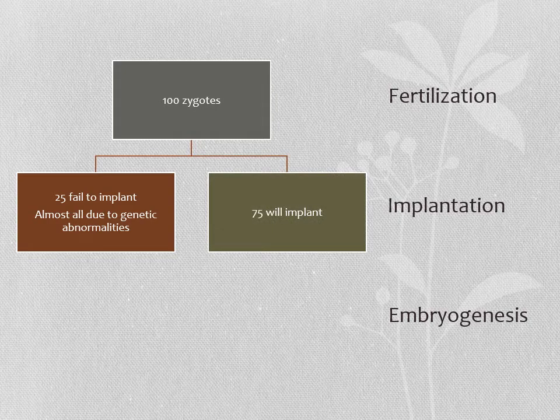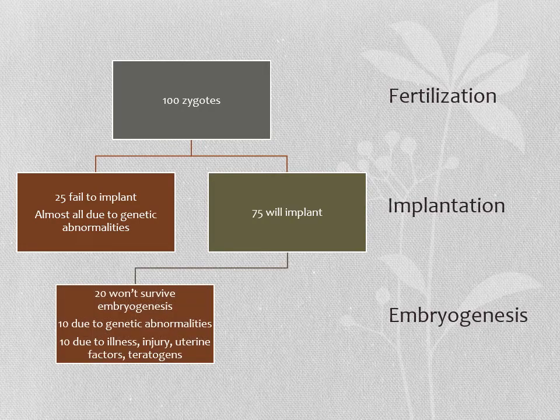75% of them will implant, right? And then they're going to go about setting into the process of embryogenesis. And of those, about 20 won't survive that whole process. In about half of those, it's because of genetic abnormalities, right? They just didn't have the right chromosomal combinations because of some error in meiosis, most likely.